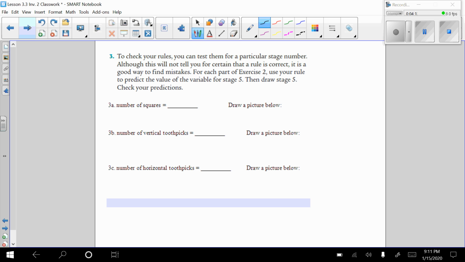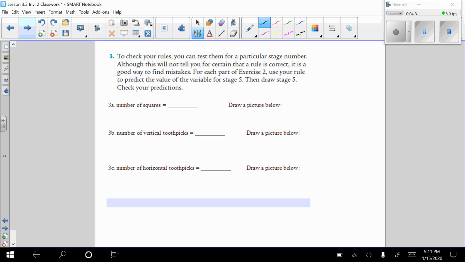Now, to check that rule, you can test it for a particular stage number. Although this will not tell you for certain that the rule is correct, it is a good way to find mistakes. For each part of exercise 2, use your rule to predict the value of the variable at stage 5. Then draw stage 5.